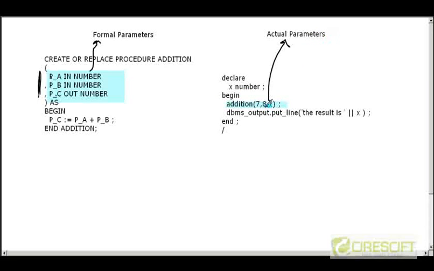So 7 and 8 are constants, and x, which is the output variable, is also an actual parameter. You don't really need to do a lot with formal or actual parameters, but this is a naming convention that they use.